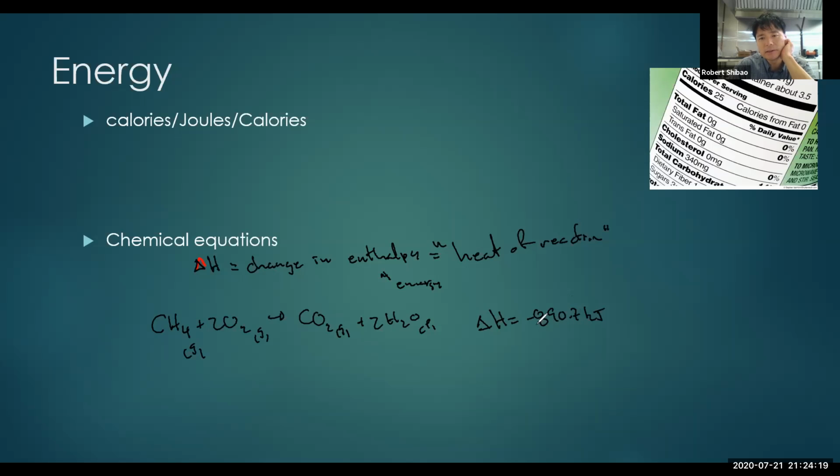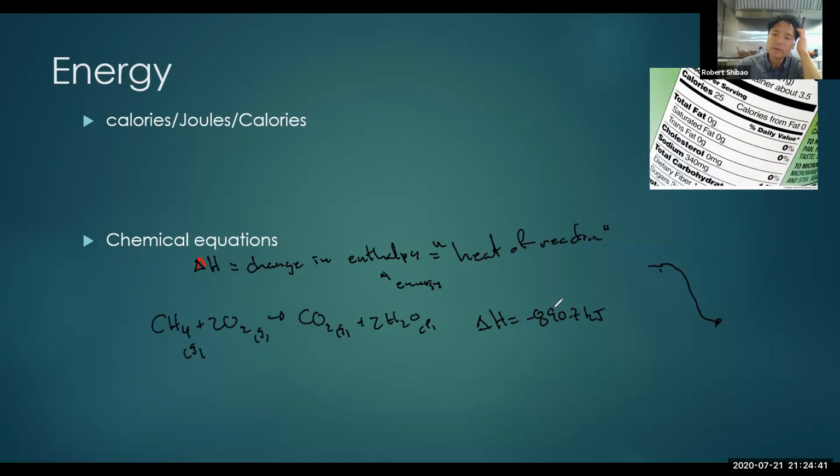What this means is that for every mole of methane that I burn, that's going to release or give away or lose 890.7 kilojoules. This reaction is downhill. It's going to go downhill by 890.7 kilojoules, basically. That's what the negative is saying.